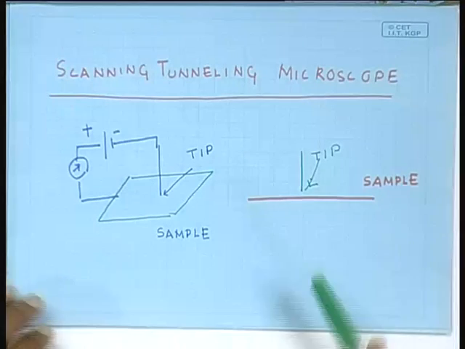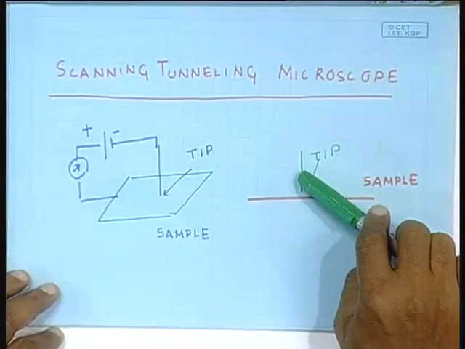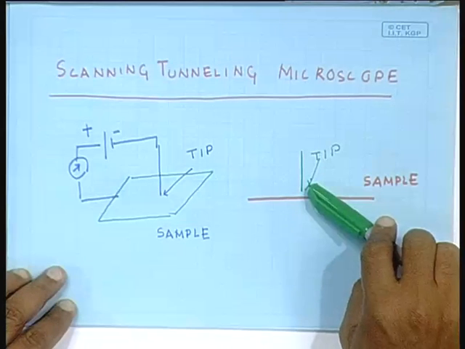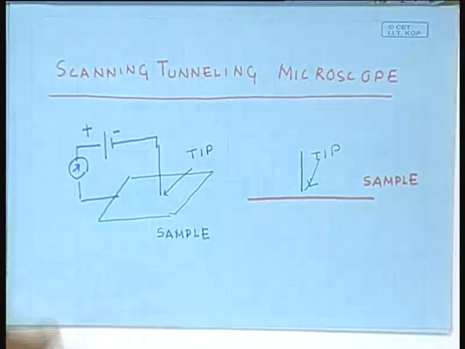Now, let us draw the potential which an electron experiences inside the tip, in the intervening region in between and again inside the sample. Now, let us just discuss this situation.